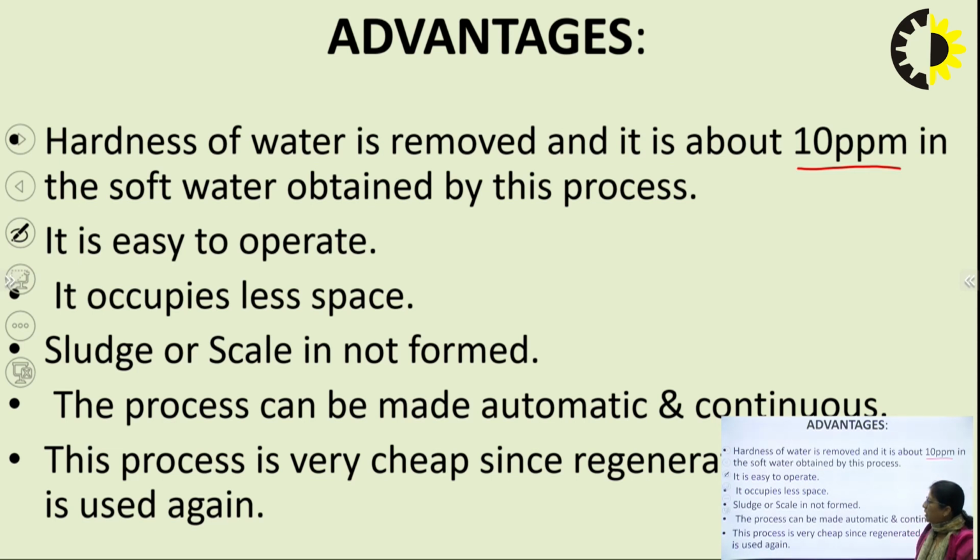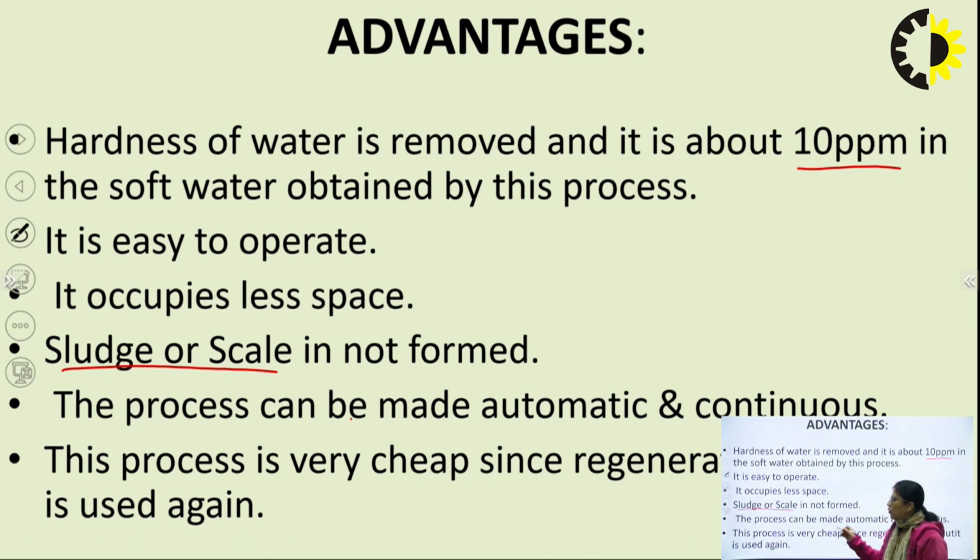Another important advantage is that no precipitate in the form of scale or sludge is formed, because in the lime soda process, precipitates are generated. As the hardness of water increases, the amount of precipitate also increases. But in this process, as you can see, the outgoing water has anions along with the soft water, and calcium and magnesium get fixed into the zeolite bed.